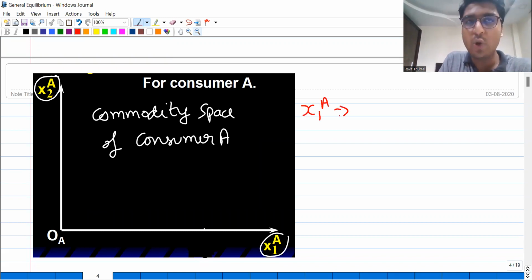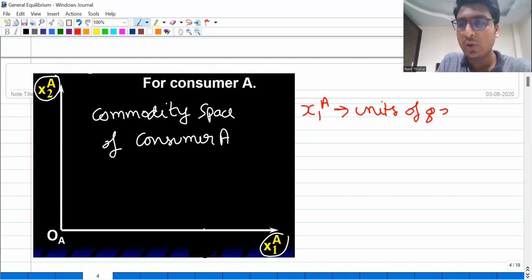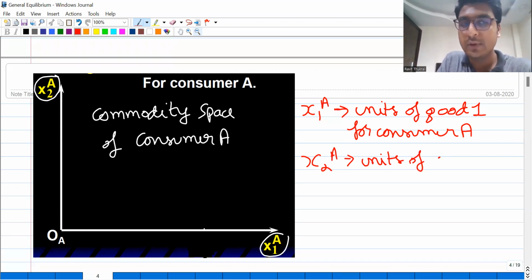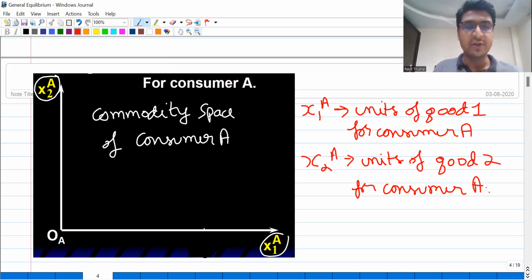So x1A क्या होगा? x1A is the units of good 1 for consumer A, the amount that he can possibly consume. x2A is units of good 2 for consumer A. Okay. So this is the commodity space for consumer A.